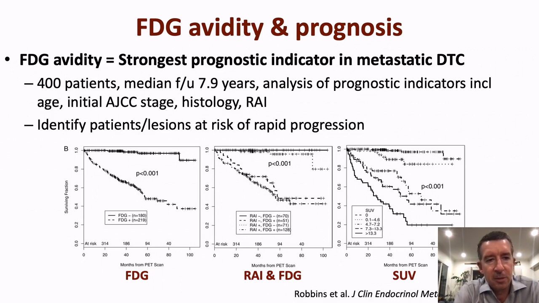It was looking to identify patients and lesions at risk of rapid progression. So on the y-axis, we can see overall survival and a very clear demarcation based on the presence or absence of FDG avidity. We can also see that this stratification holds irrespective of iodine uptake.